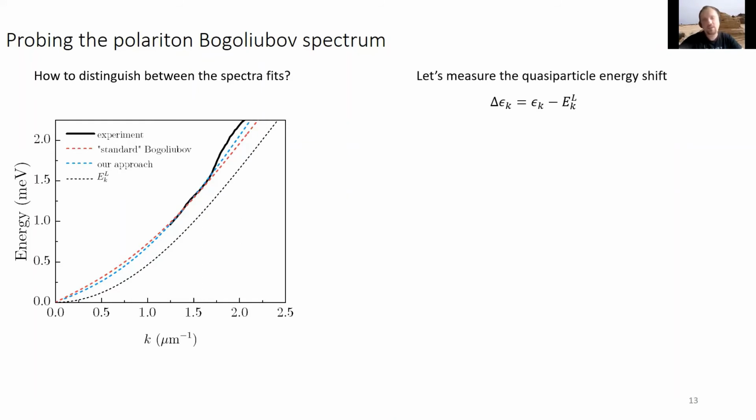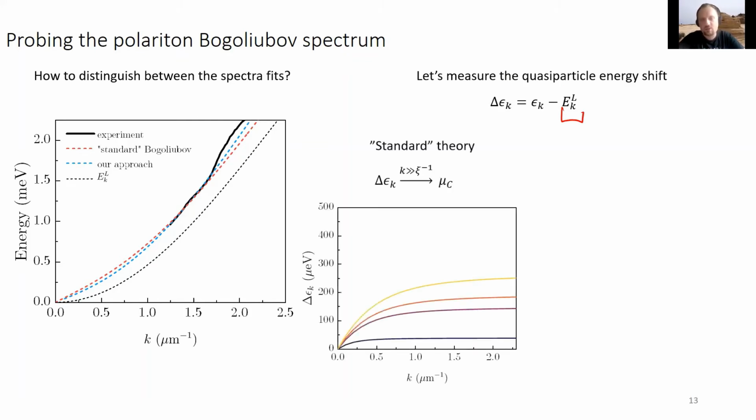So we decided to measure the quasi-particle energy shift, to compare how the dispersion is shifted with respect to the single particle dispersion, the lower polariton dispersion below the condensation threshold. If the standard theory is the real theory, as the standard Bogoliubov indicates, at high wave vectors the shift approaches the chemical potential and single particle dispersion.